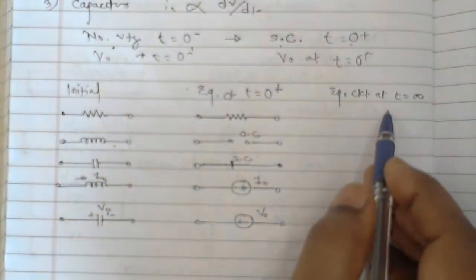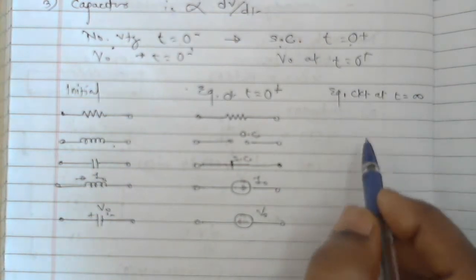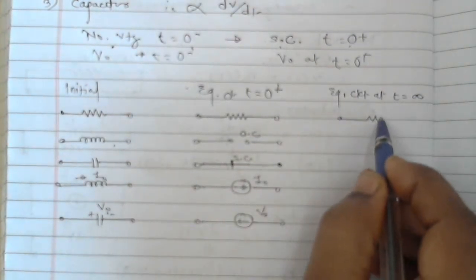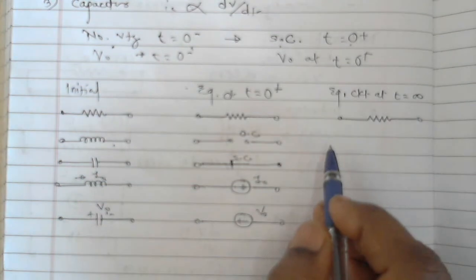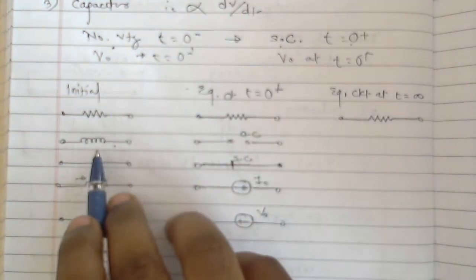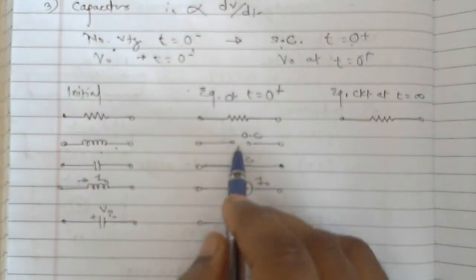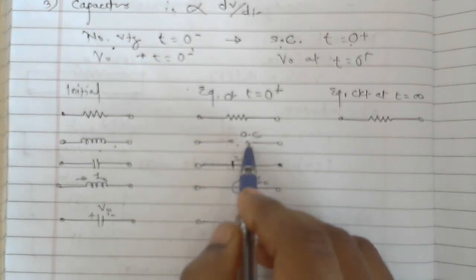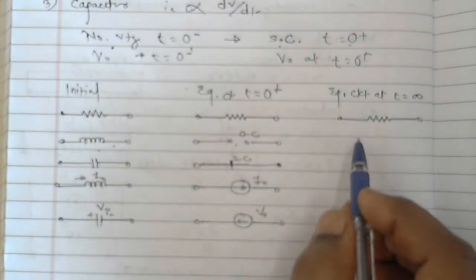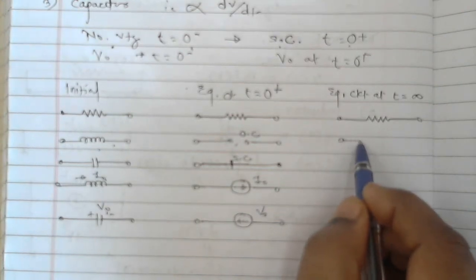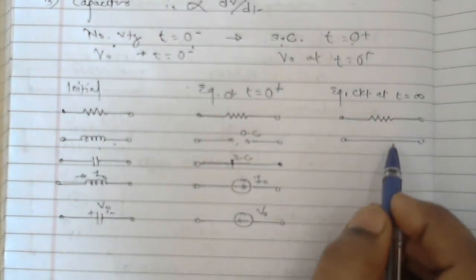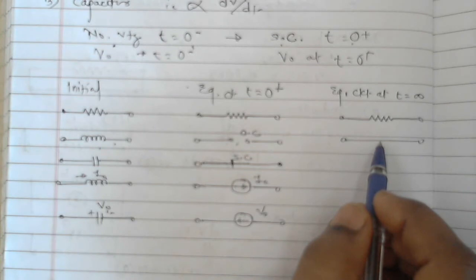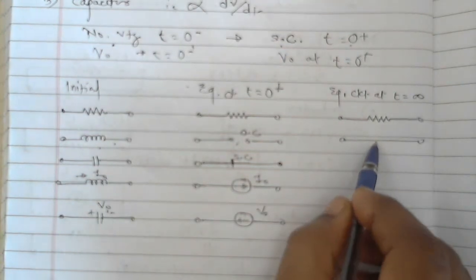Now what will happen at steady state? At steady state, a resistance will remain a resistance, no change. But the inductor, which acted as an open circuit at 0 plus, at infinity will act as a short circuit.